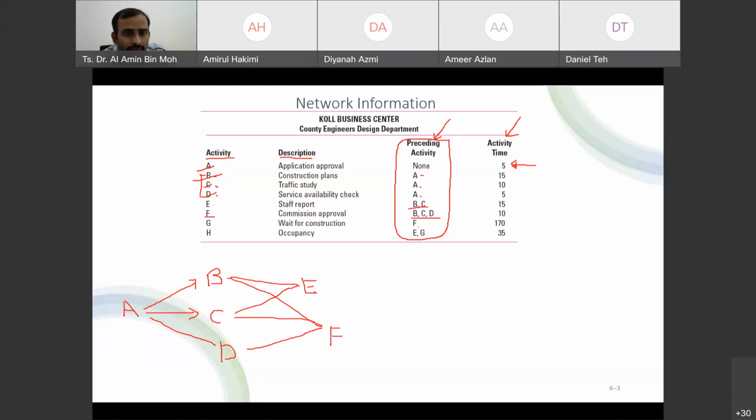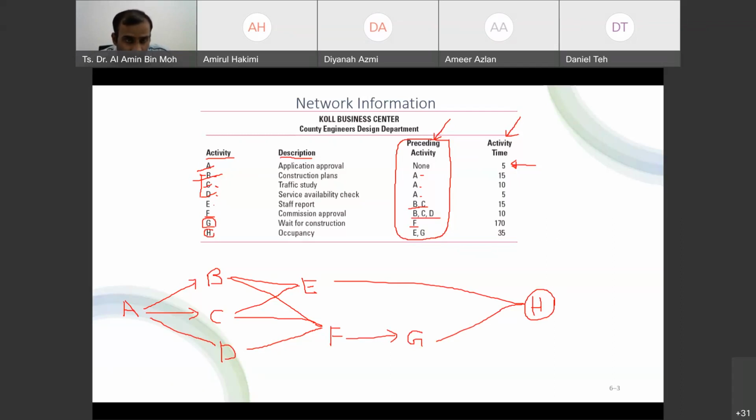Next, F. From F, it is G. F to G. And then E and G, I'm going to complete with activity H. Okay. By understanding this, you know how to construct the network diagram.